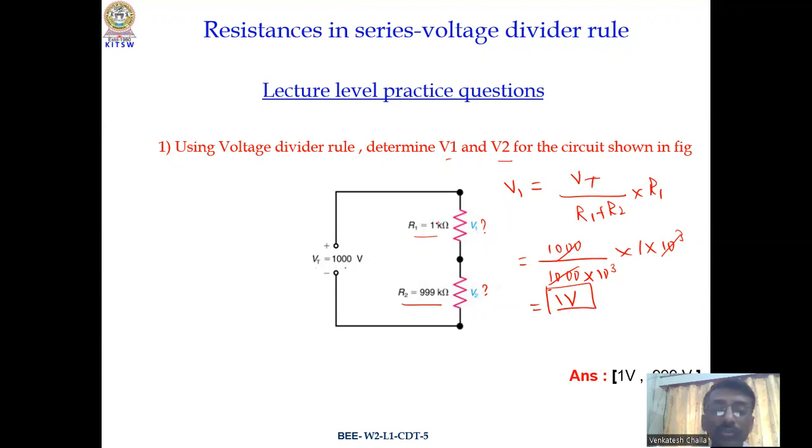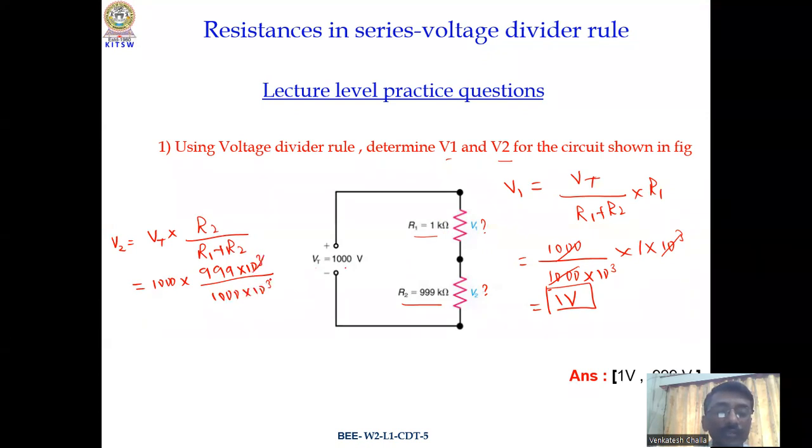So out of 1000 volts, only 1 volt will appear here. And what will be V2 now? V2 is equal to total voltage VT into R2 divided by R1 plus R2. That is 1000 into R2, which is 999 into 10 cube, divided by R1 plus R2, 1000 into 10 cube.